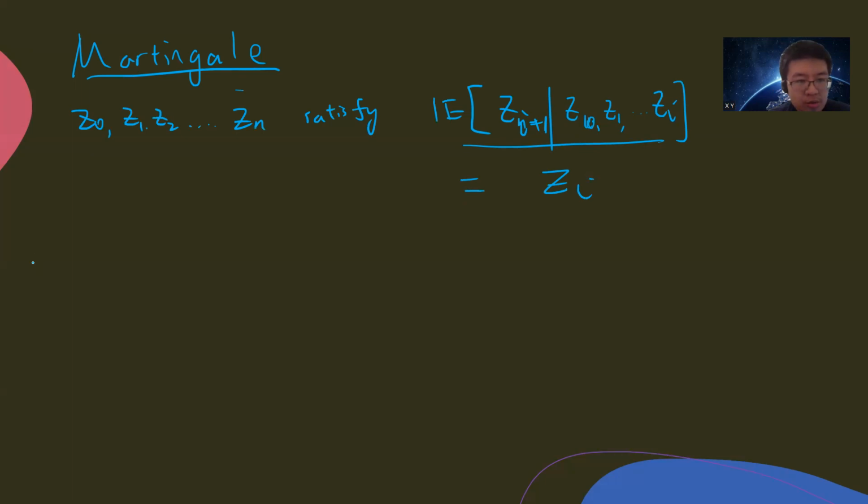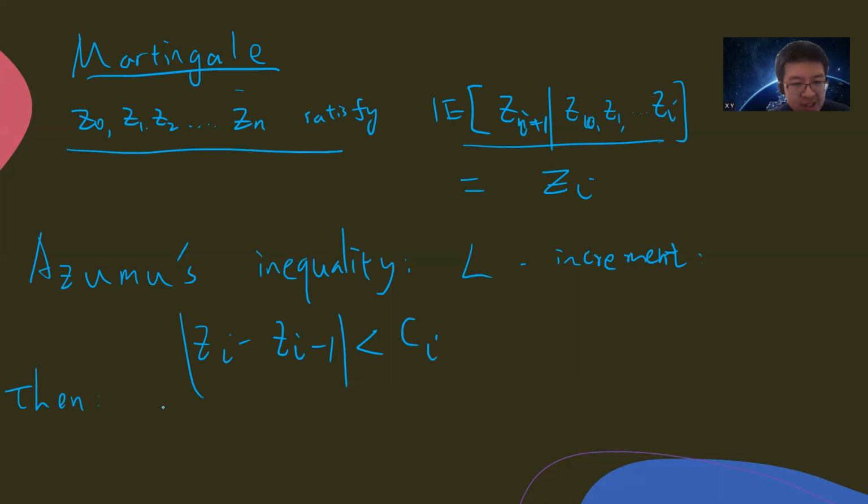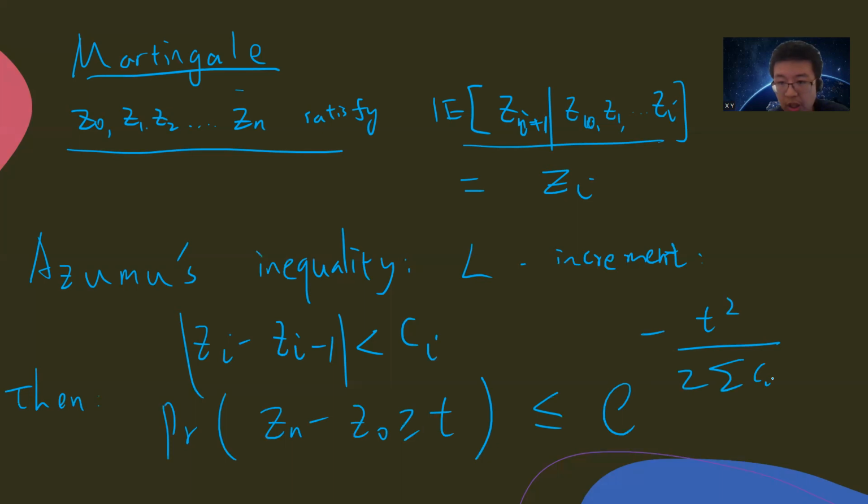The second version of Azuma's inequality tells you that if you have this Martingale sequence, and you also have a constraint of bounded increments, meaning that the difference zi minus z_{i-1} is bounded at every step by some ci, then the probability of Zn minus Z0 greater than or equal to t is bounded by exponential of negative t squared divided by 2 times the summation of ci squared, i from 1 to n.